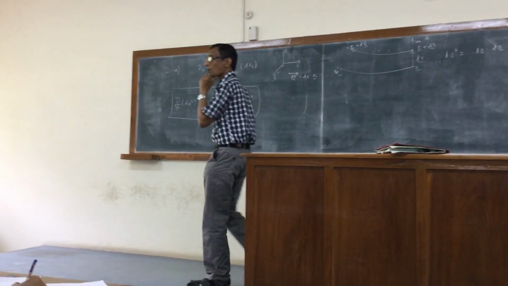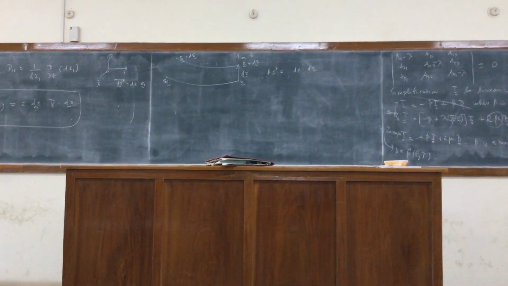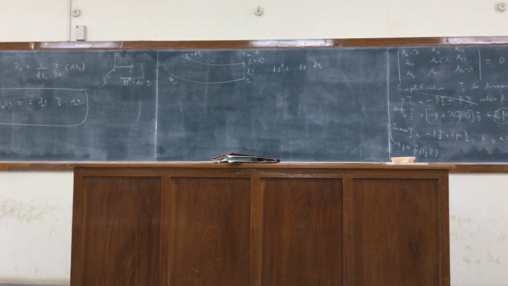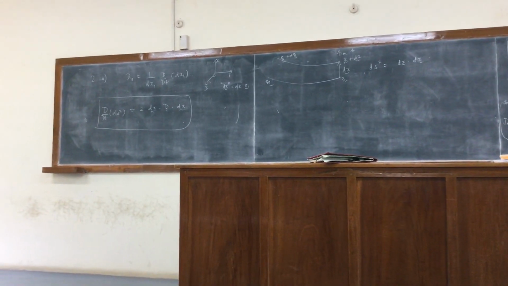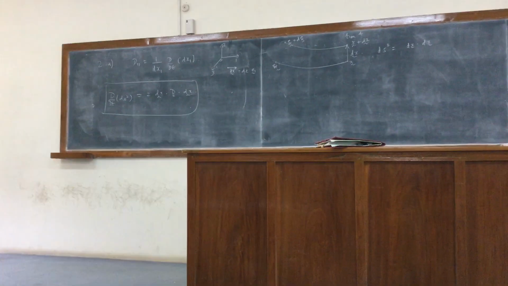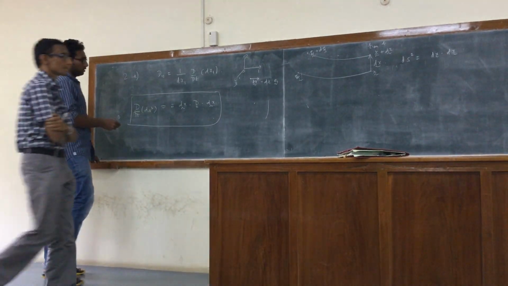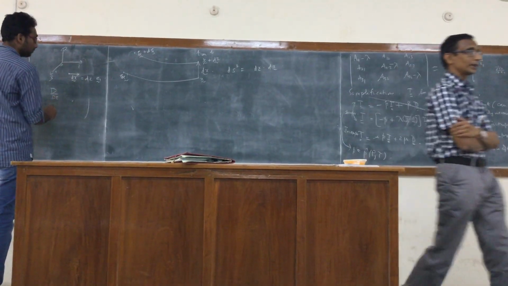So now, can you come to the board and write what the left hand side would be? D by dt of what? Now what would happen to ds squared? For this particular case, the dx is given by dx1 times e1.